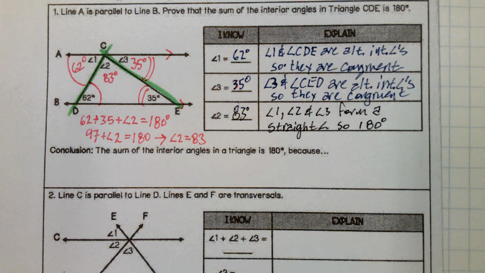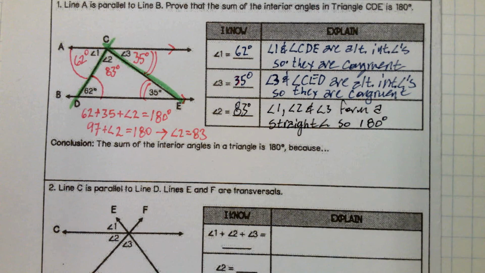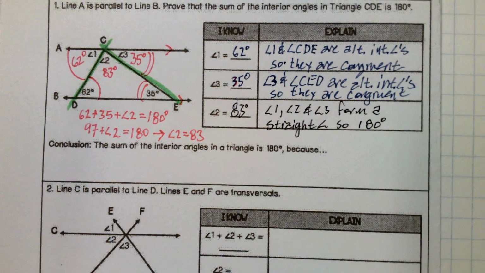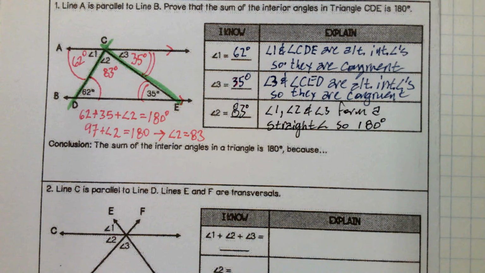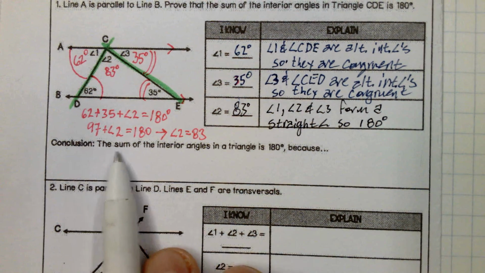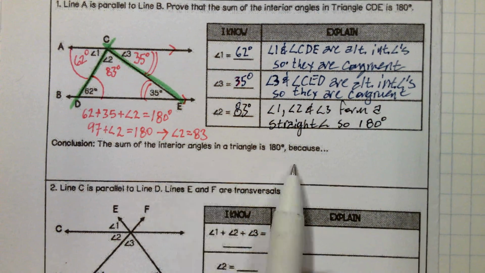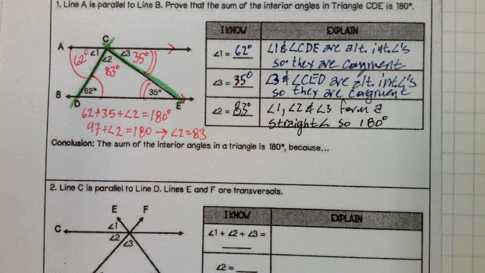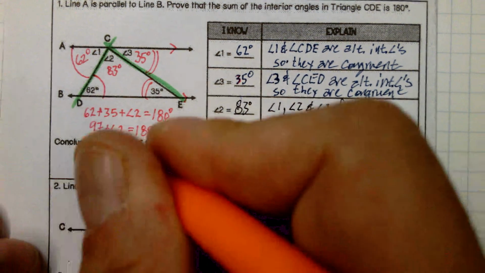Okay? So let's just write our conclusion. I want to use the language they used here. So the conclusion is the sum of the interior angles in a triangle is 180. That's the important part.